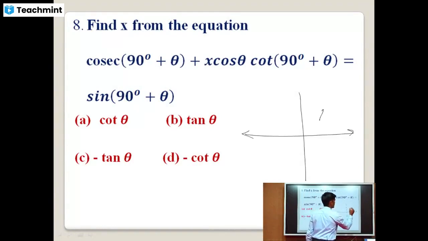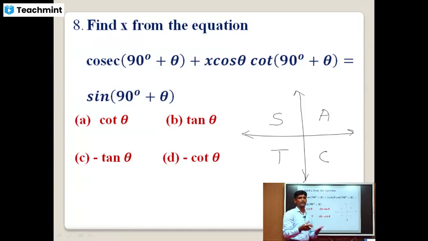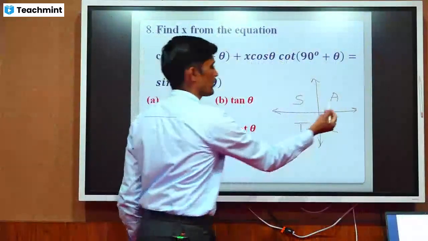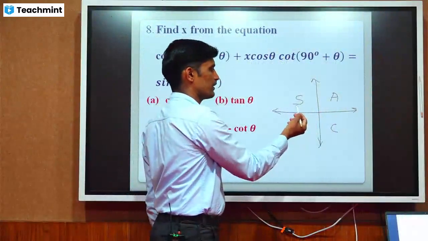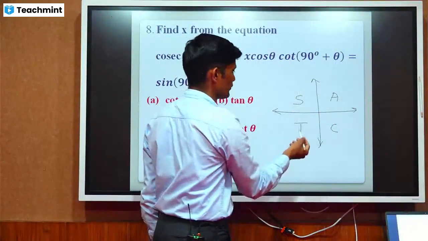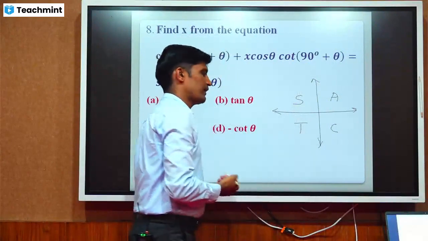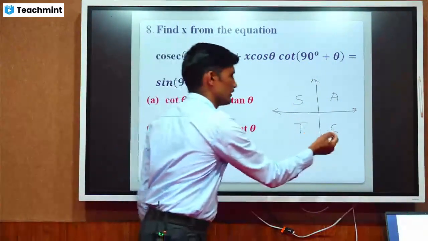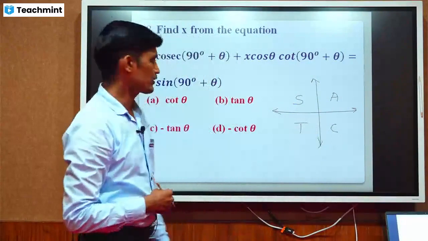We use the shortcut formula, All Students Take Coffee, to remember the signs of different trigonometric functions in different quadrants, where here all are positive. In the second quadrant, sin and cosecant theta are positive. In the third quadrant, tan theta and cot theta are positive, and in the fourth quadrant, cos theta and secant theta are positive.